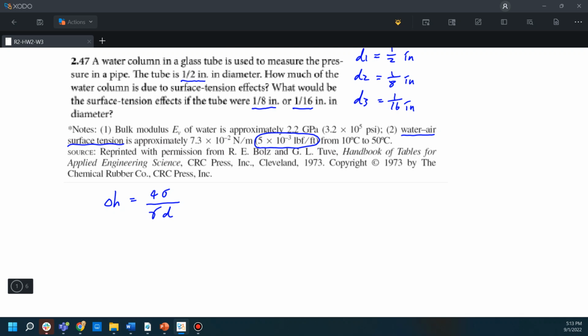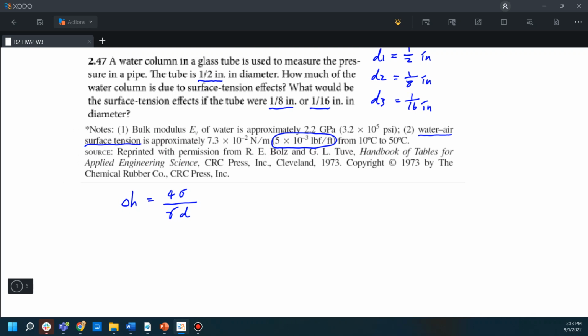So this sigma is equal to 0.005 in this case.